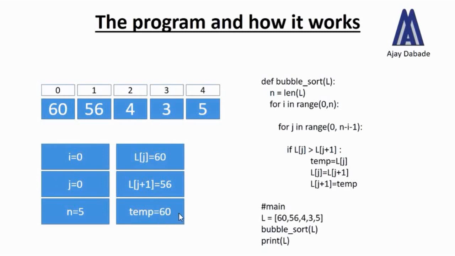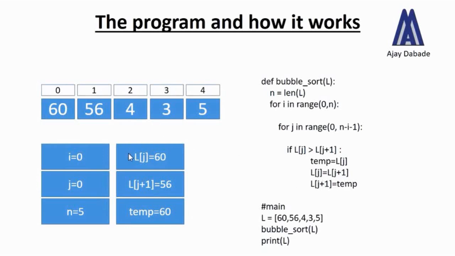The L of j, that is 60, will get stored in temp. You can see the value of temp has now changed to 60, since I'm assigning L of j, that is 60, to temp.